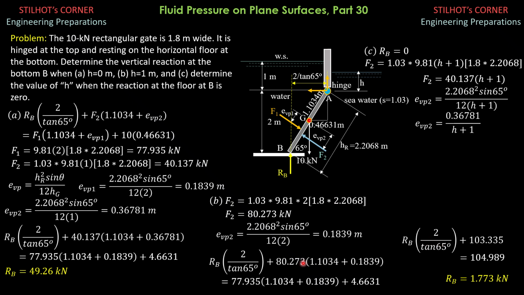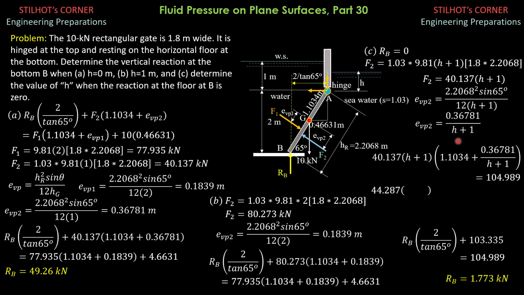Then what remains in the left side is F2, which is 40.137 times quantity H plus 1 times quantity 1.1034 plus EVP2, 0.36781 over H plus 1, then equals the value of the right side, 104.989.